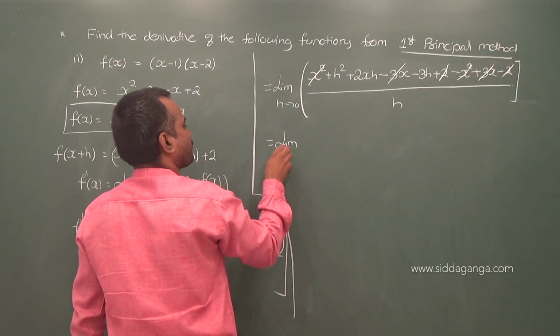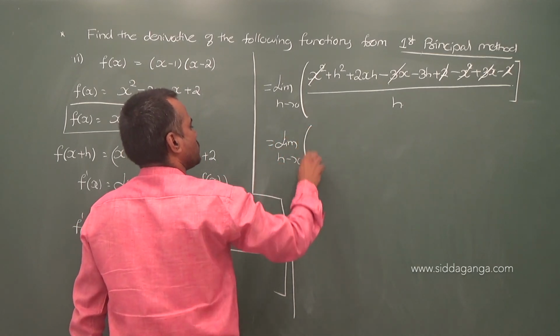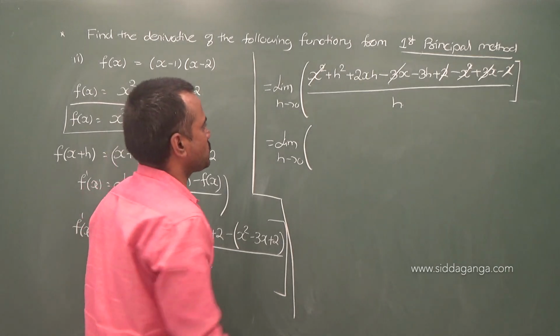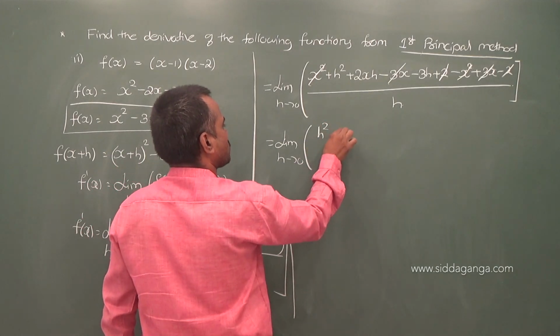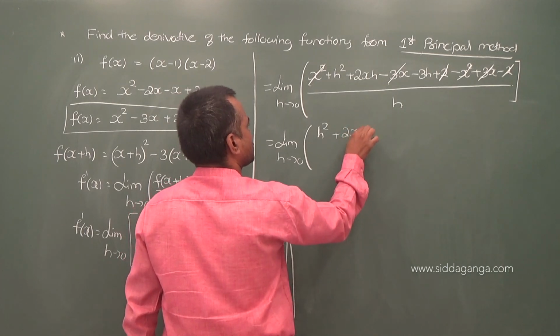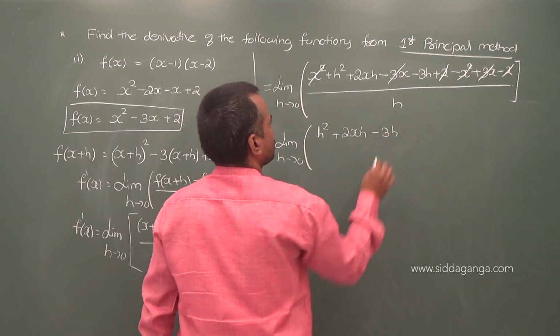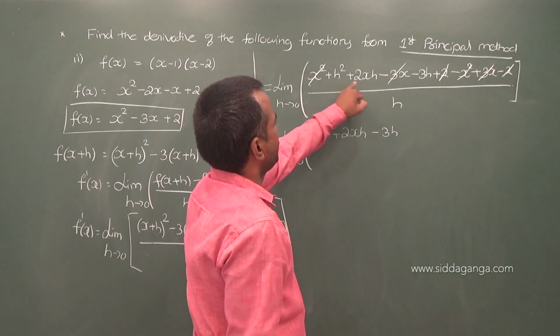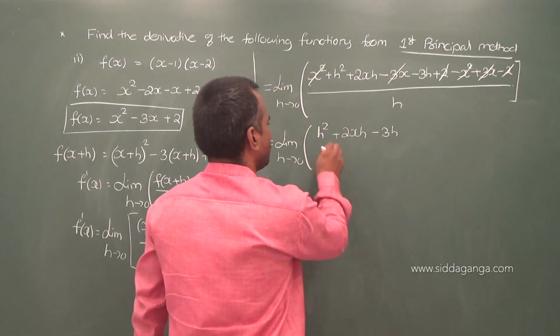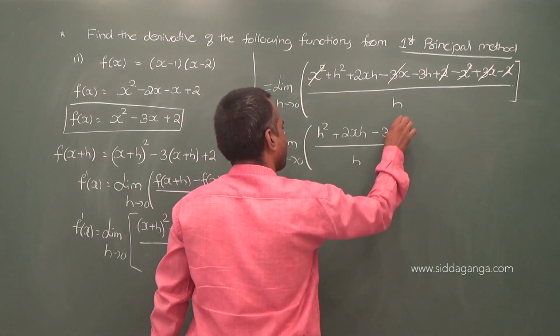Limit h tends to 0. Observe here, only 3 terms: h² + 2xh − 3h, whole divided by h.